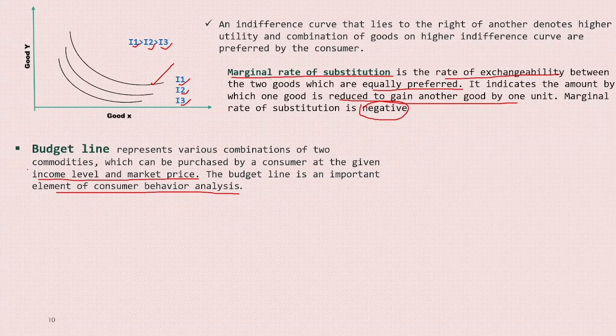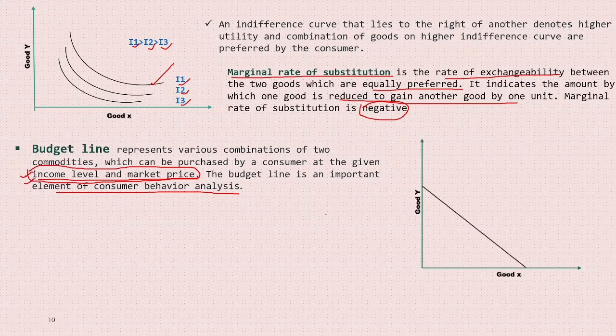We have fixed money. If we had unlimited money, we could buy any combination. But when we put income level and market price as constraints, then comes the budget line. It gives you the combinations if income and market price are given.